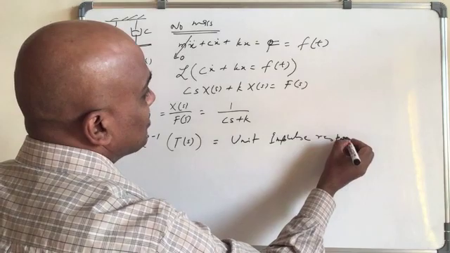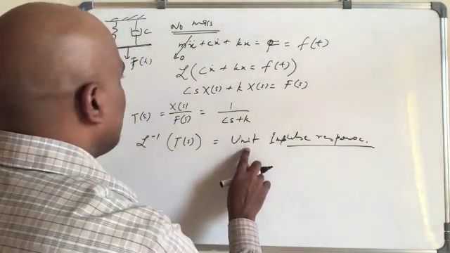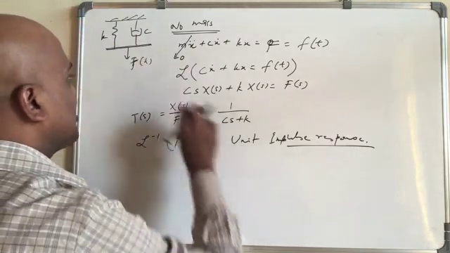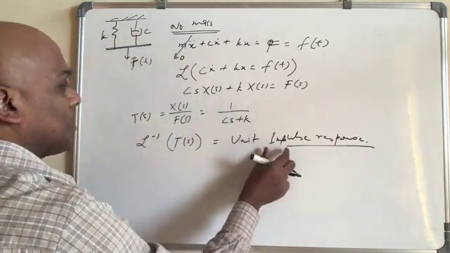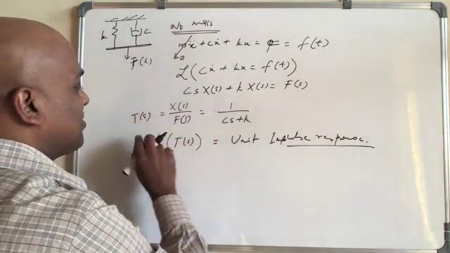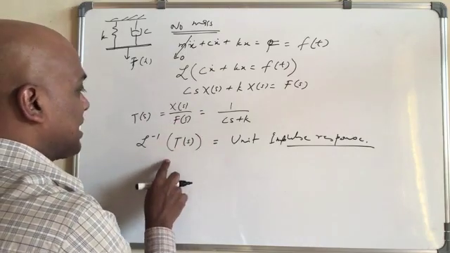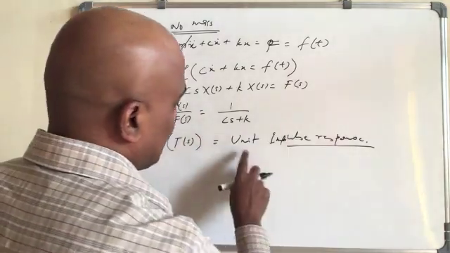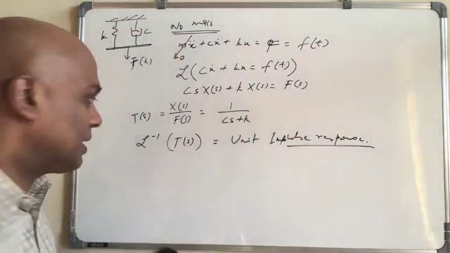That we have already studied, right? If you want to find out the response of this system due to the unit impulse, we just find the transfer function, X(s) over F(s), and then take the inverse Laplace transform, which will give us the response due to unit impulse, right?